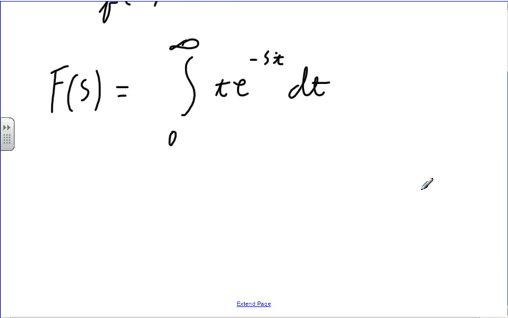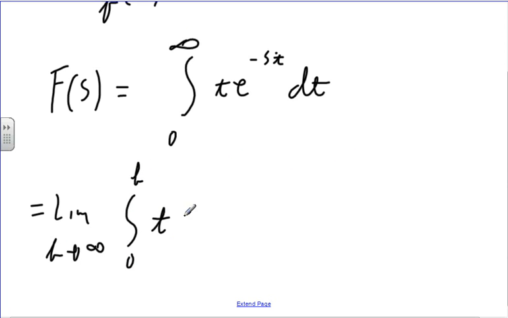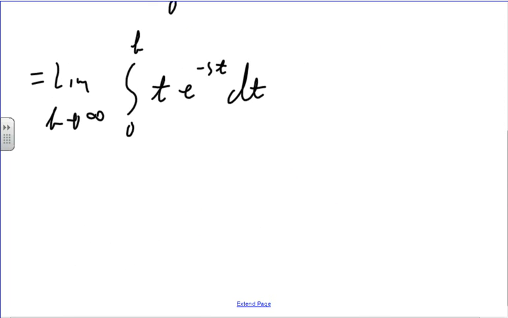I can't do that either because I can't go to infinity. So the limit as b goes to infinity of the integral from 0 to b of t e to the minus st dt. I study that for a little while, and I look in the integral table, and I decide what? Integration by parts. Oh, okay, no problem.